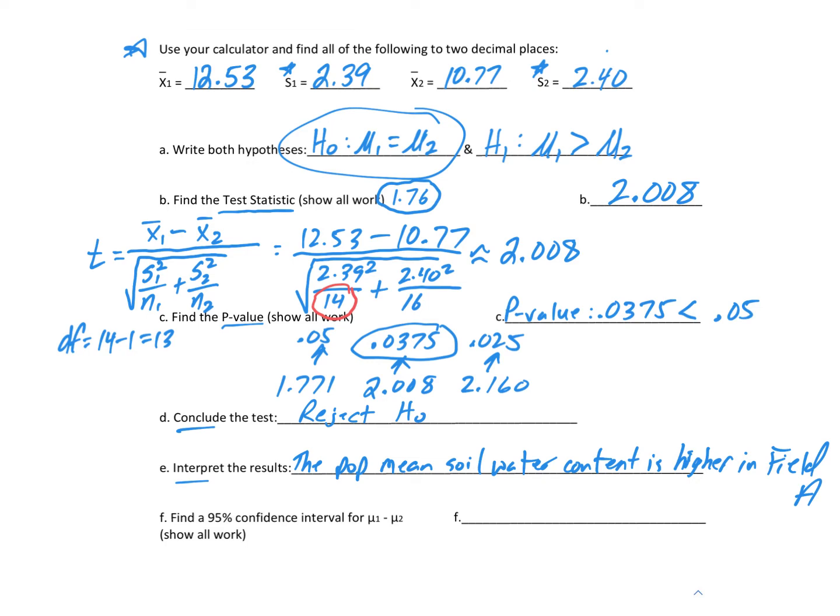If you're rejecting that they're equal, then the population means, or what the claim said, one is larger than the other. And that's what we wrote: population mean soil water content is higher in field A.